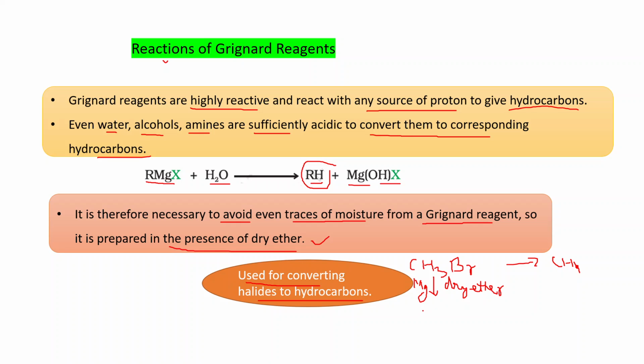Then what will we get? This is methyl magnesium bromide. Okay. And when this methyl magnesium bromide is treated with water, we will get CH4, methane. That is, from methyl bromide we get methane. Okay.